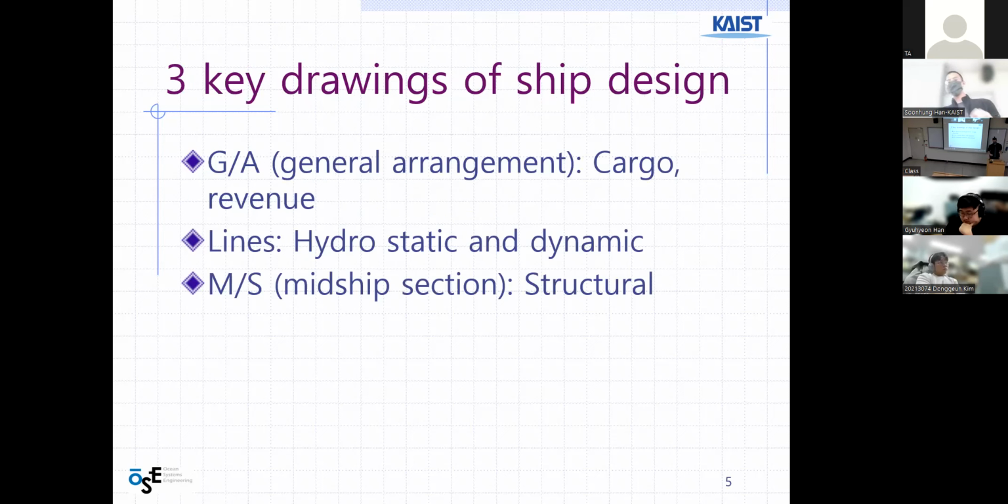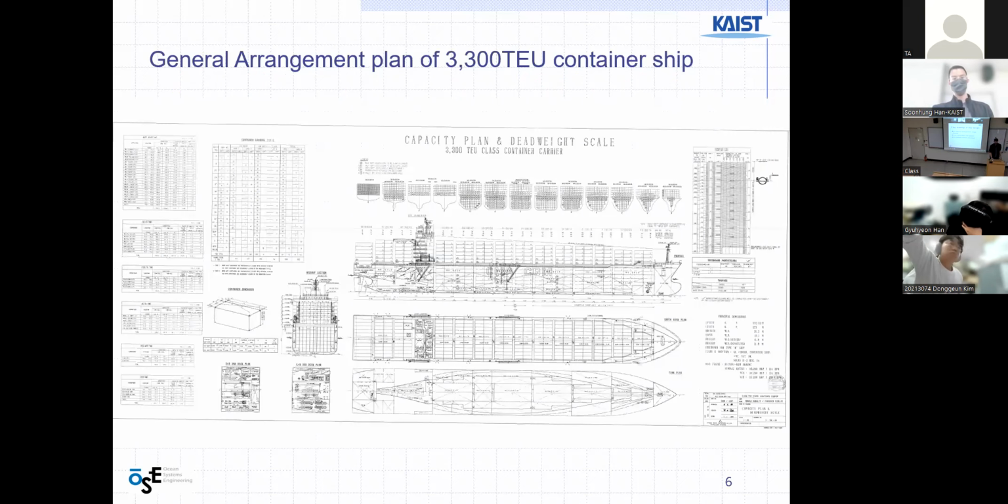There are 3 key drawings in a ship design: general arrangements, which we will cover today; the lines, which is like the hydrostatic and the dynamic lines; and also the midship section, which is the structural part of the ship. As you can see here, it's kind of small, but it shows how the ship is sectioned into parts and how the volume will be used.